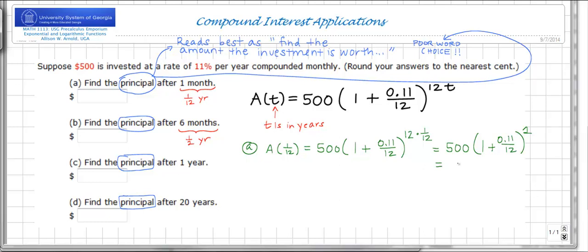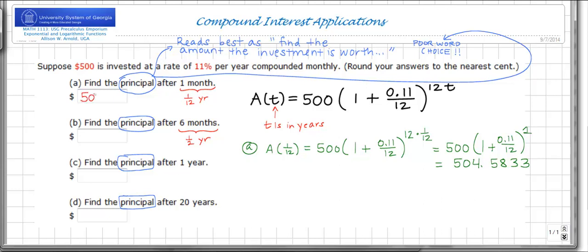For an amount of $504, and we'll carry out the decimals just so you can see how to answer the question. It said round to the nearest cent. So the amount of money that we would insert here as our answer would be 504.58.